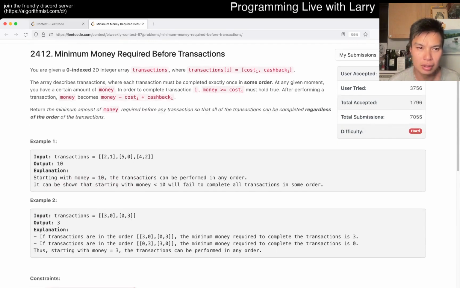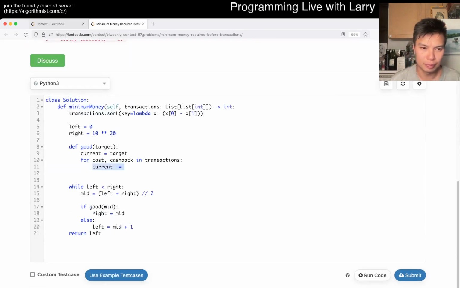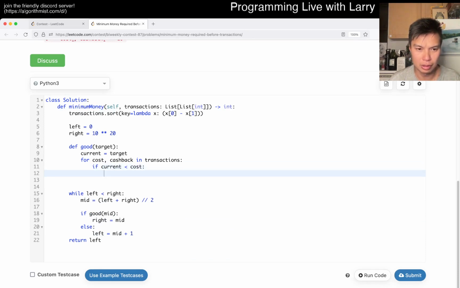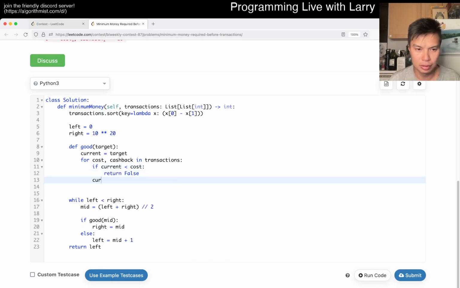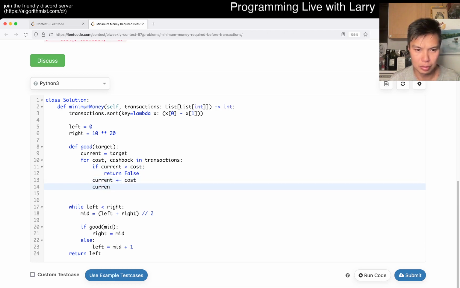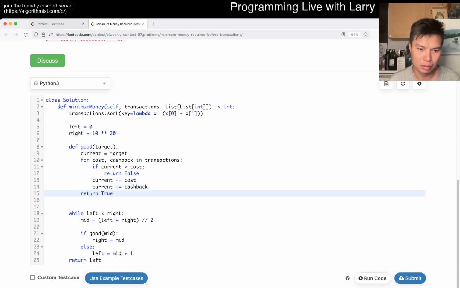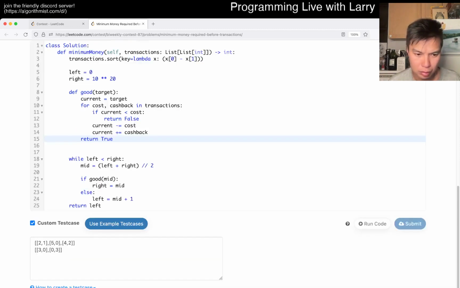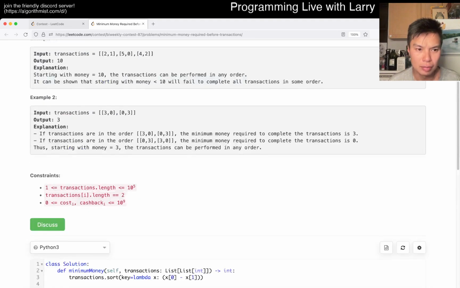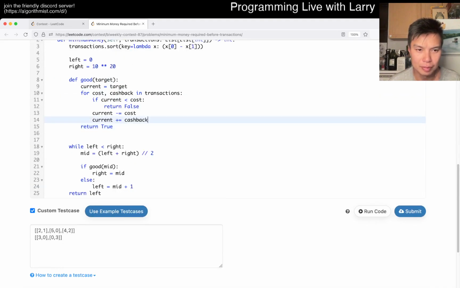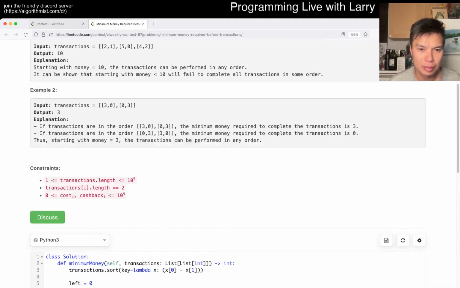Okay, so make sure. If current is less than cost, then we return false. Nope, the other way around. That's not right at all. It should be in any order.